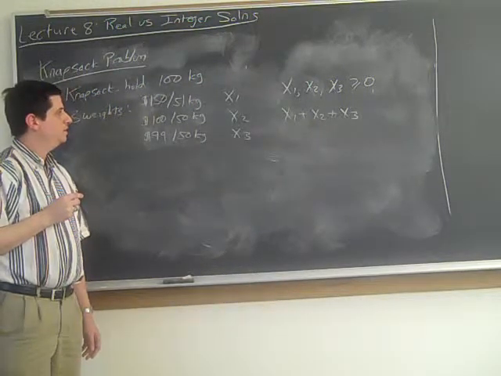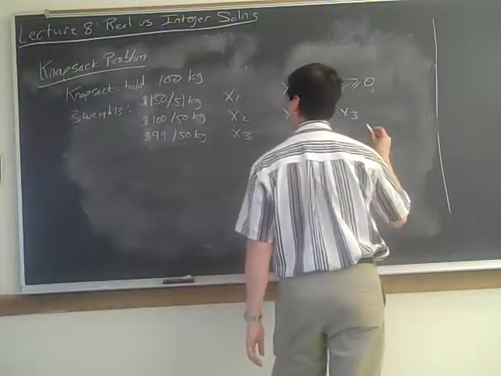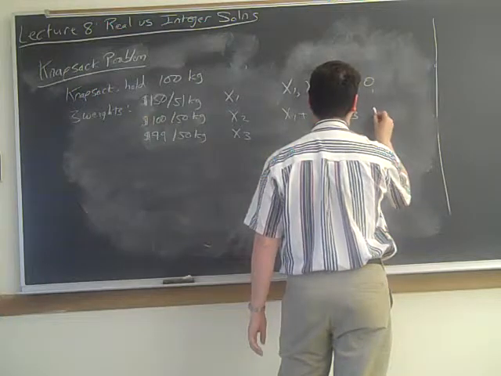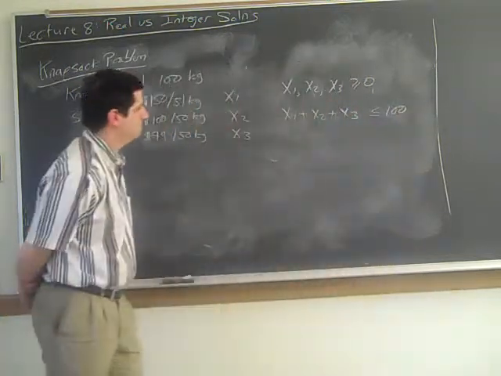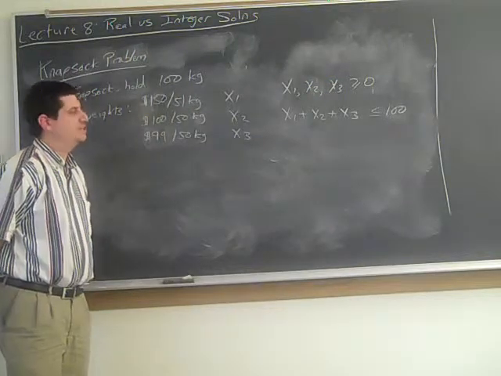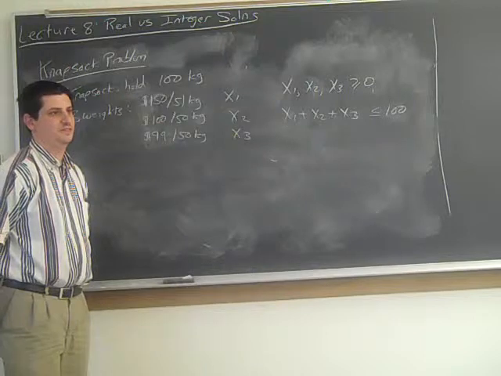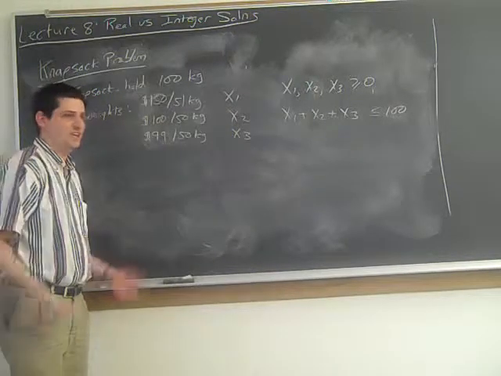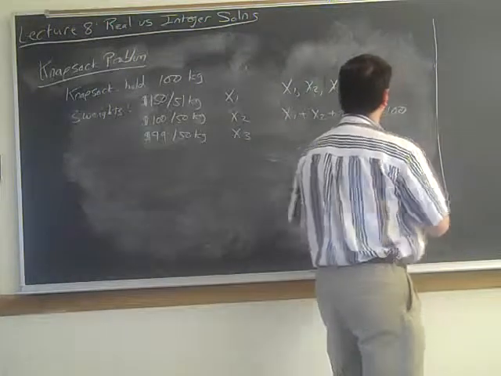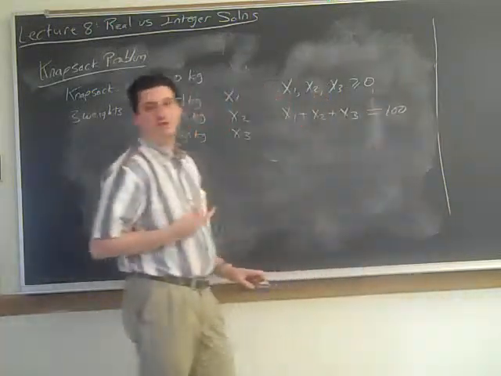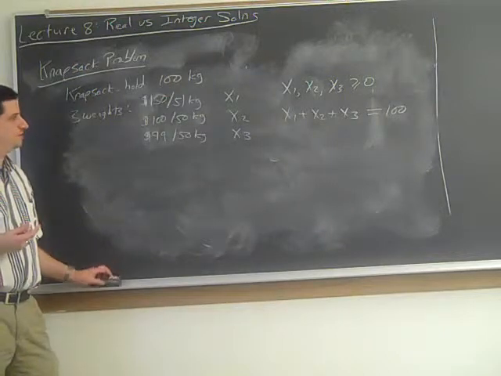Less than or equal to 100. Is it less than or equal to 100 or is it equal to 100? Equal, right? Because if I had less than 100, I could just add more. And if you remember, in our canonical linear programming problems, we always have equalities, we never have inequalities.